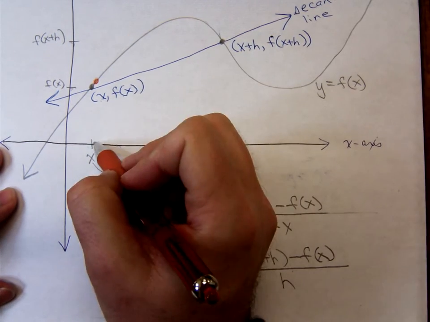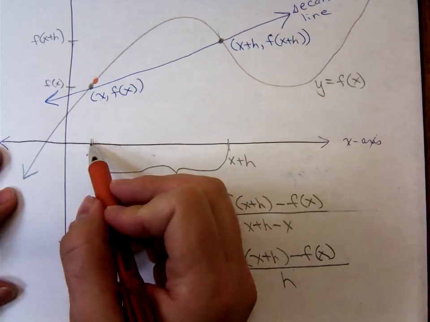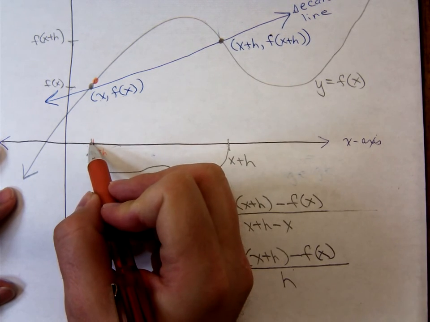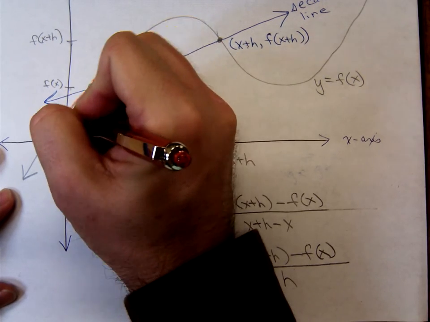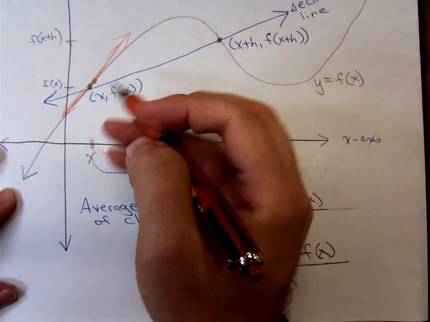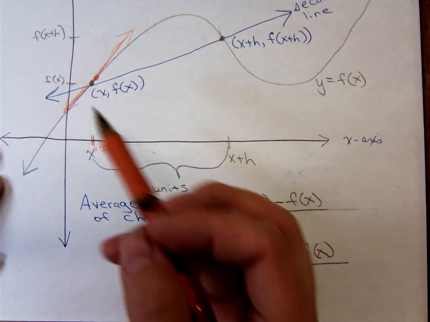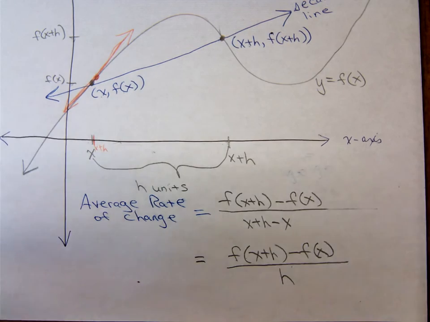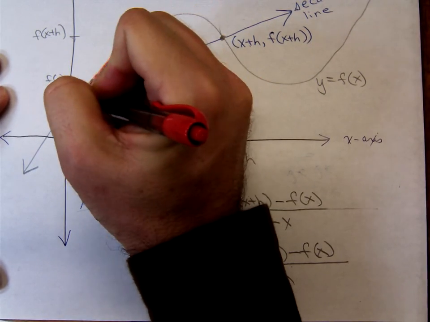If you shrink down that interval, so it starts at x and it goes to x plus h, that interval is so short that the rate of change of this new orange secant line should be approximately the rate of change of the function at one specific time. That orange secant line that's not showing very well, I'm going to make it red. There, I think that's better.